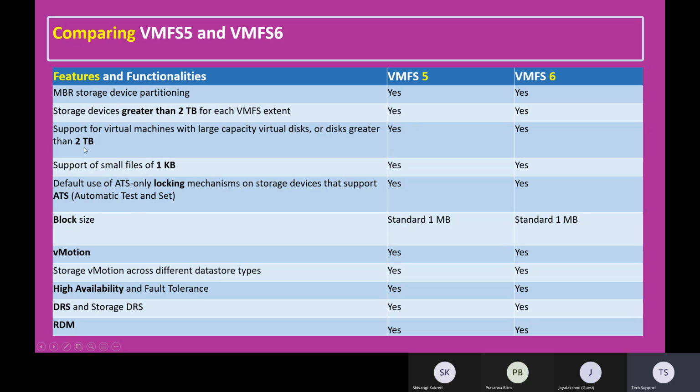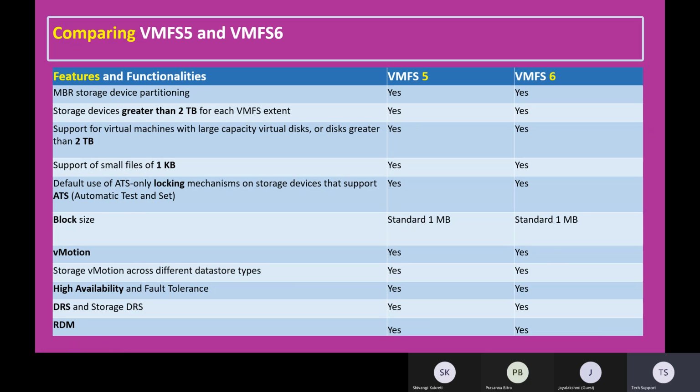And coming to the additional VMFS supported features. We just now discussed vMotion. We also have some additional vSphere features: storage vMotion, high availability, DRS, RDM. RDM means raw device mapping. All these features you can easily configure on both VMFS 5 and VMFS 6. Okay.